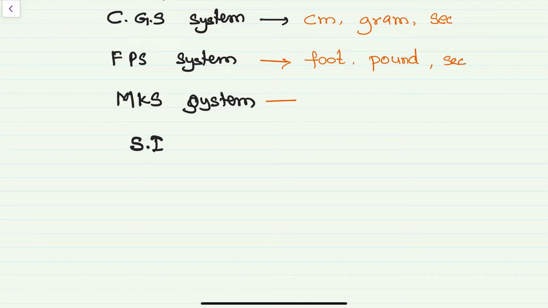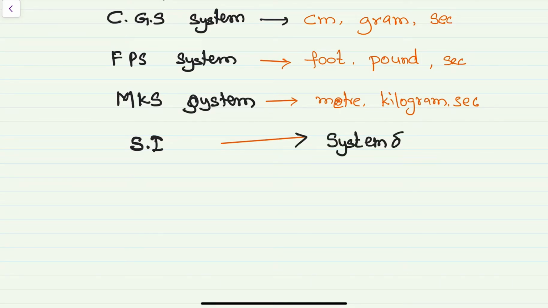And MKS is meter, kilogram, second. And SI unit stands for system of international.